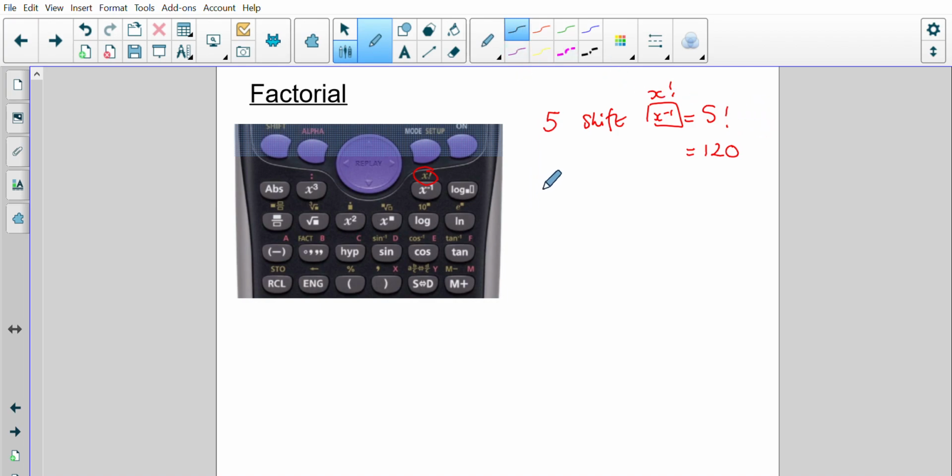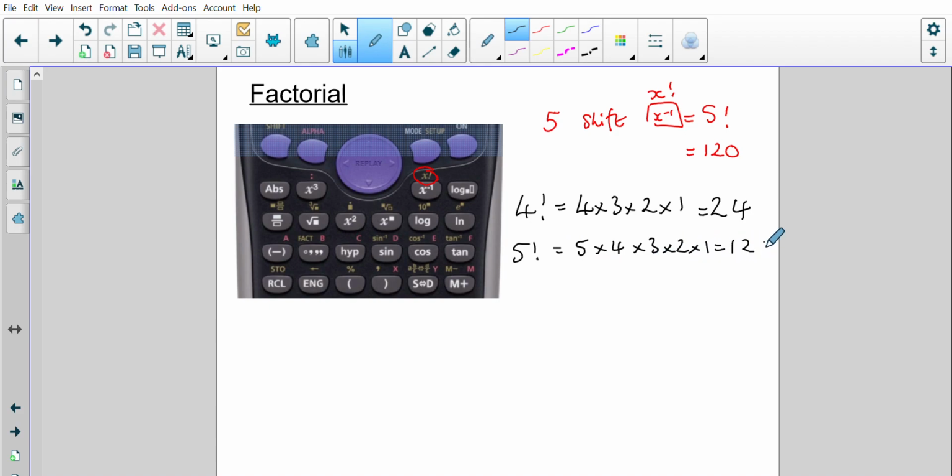Let's explore the factorial function a little bit more. If we were to work out 4 factorial, the calculator is going to do 4 times 3 times 2 times 1. If you do that on your calculator now, you press 4, shift, and then the factorial function, it will tell you it's 24. When we did 5 factorial, the calculator was doing 5 times 4 times 3 times 2 times 1, which was 120.